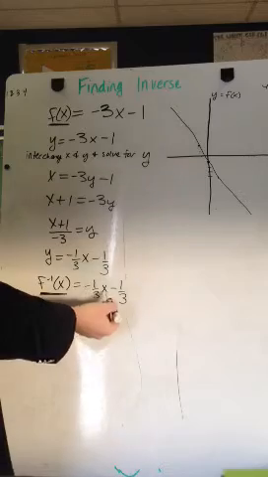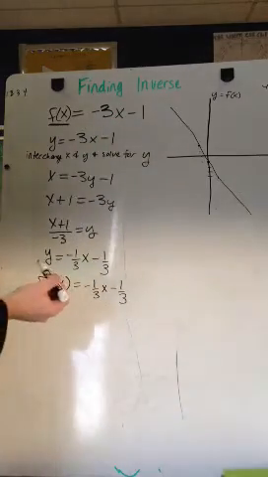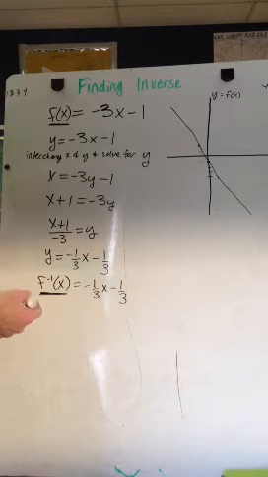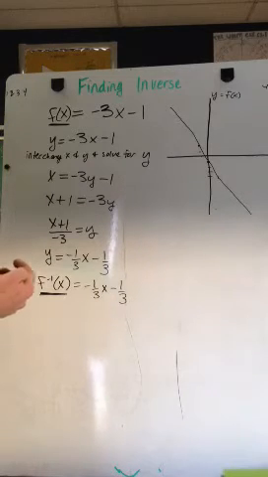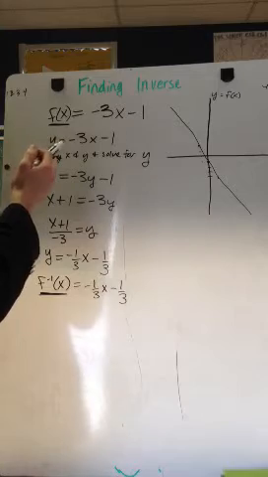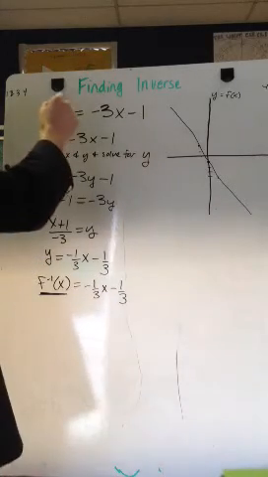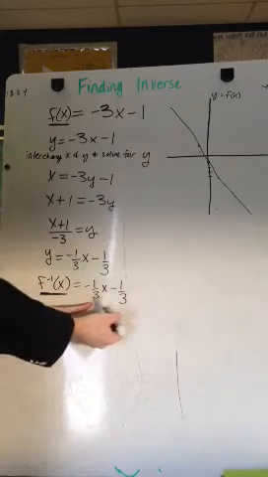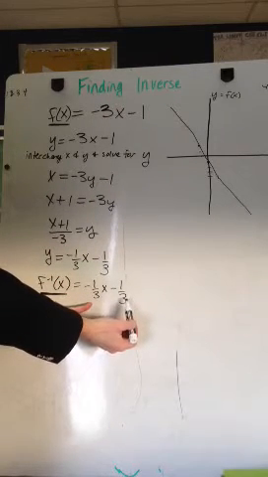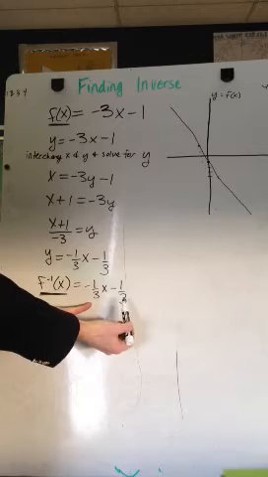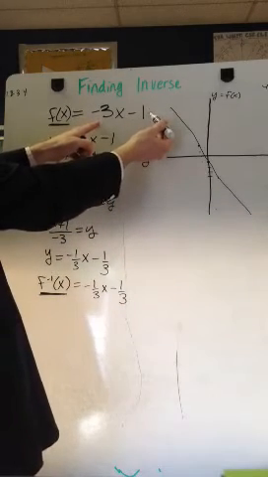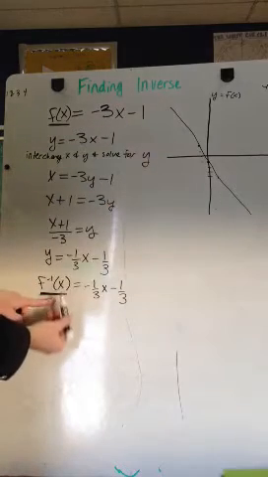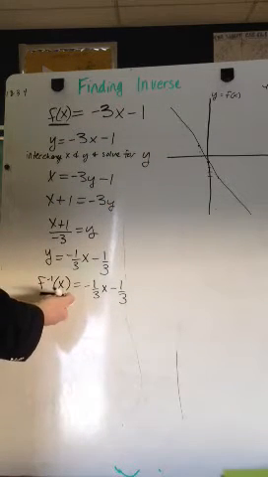In other words, -1/3 x minus 1/3 is the inverse of -3x minus 1. I'm not done yet though, because I have to make sure that the domain of f, so all x's I can put in here, is the same as the range, all the outputs from my inverse. And I also need to make sure that the range of f, all the outputs, is equal to the domain, everything we could put in my function here.